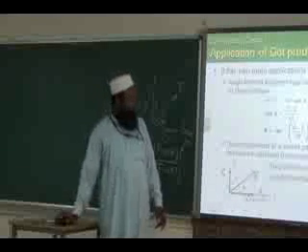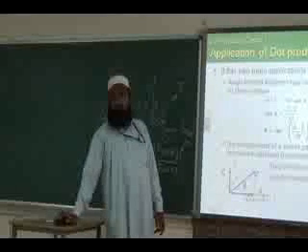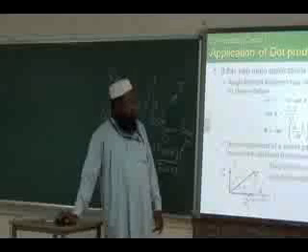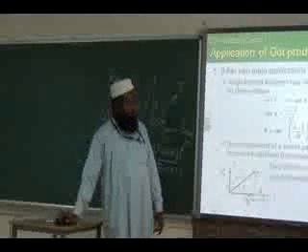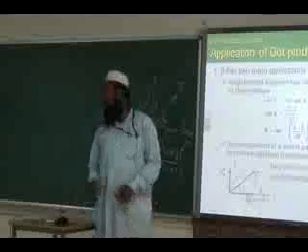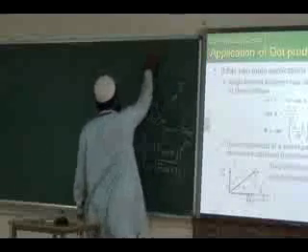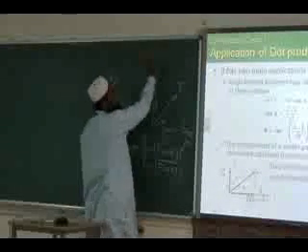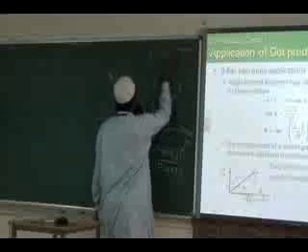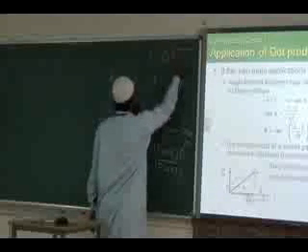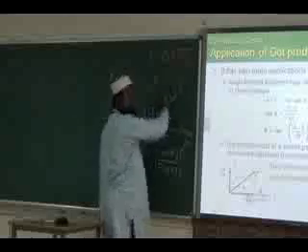You know the magnitude of the hypotenuse, you know the magnitude of the adjacent side, so you can apply the Pythagoras theorem. So the magnitude of A perpendicular is root of A square minus A parallel square.